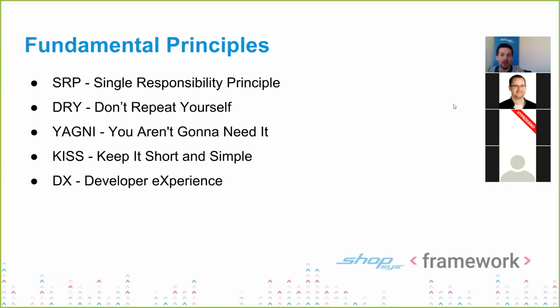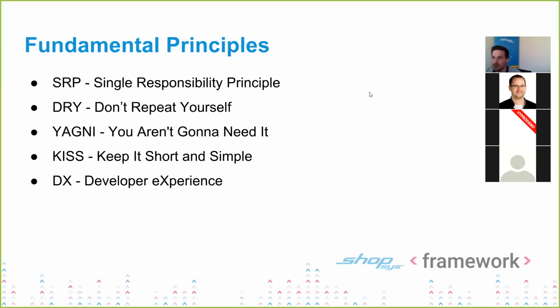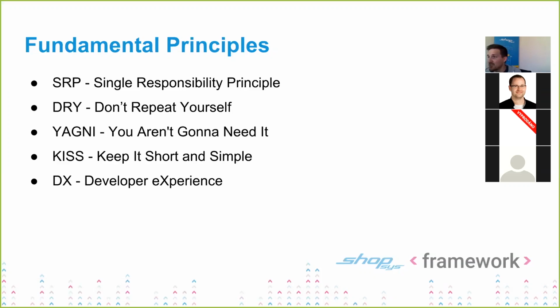To sum it up, the single responsibility principle means that every part, like every class in the application, should have only one responsibility. I presented it in the example of repositories and controllers that both have their own responsibilities. Another principle is DRY, don't repeat yourself, which basically means that the same code should not be repeated in more than one place in the application.